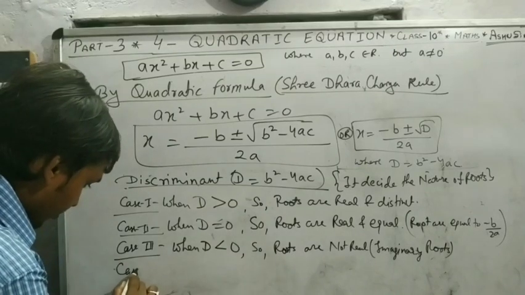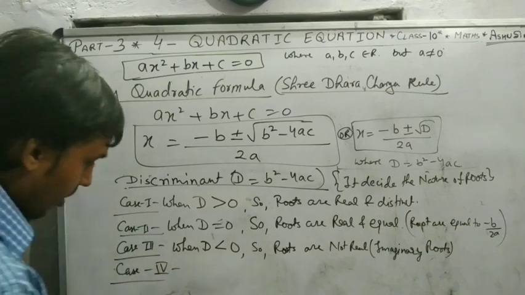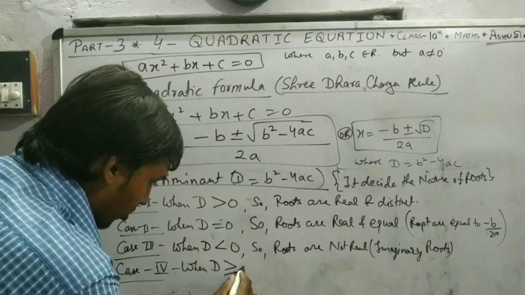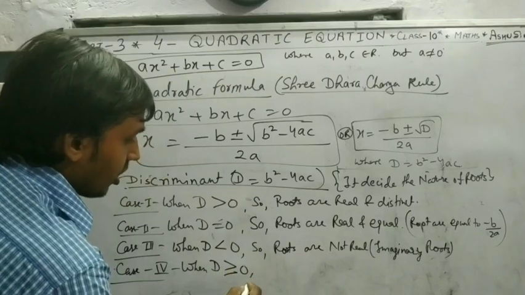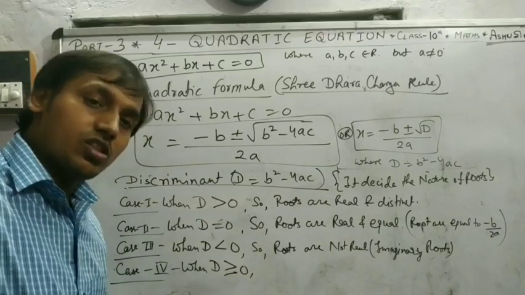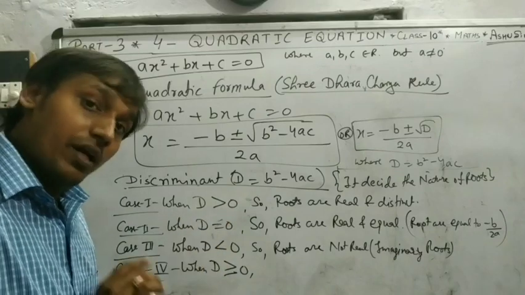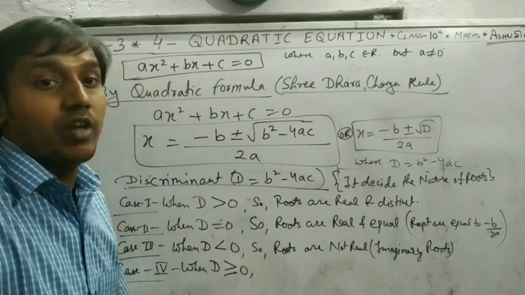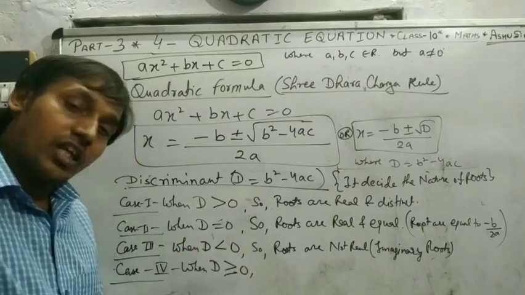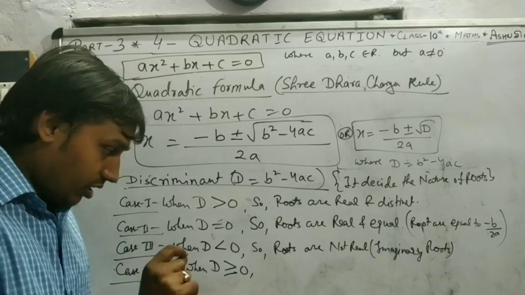Case 4. When d is greater than or equal to 0, means here it is not sure whether d is 0 or greater than 0, but it is either a positive value or 0. Okay, we take an example.